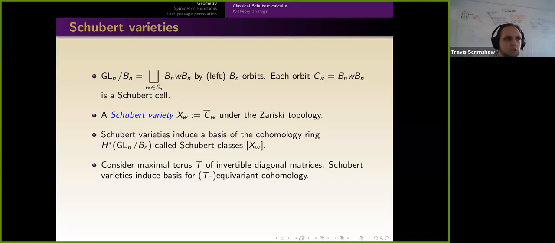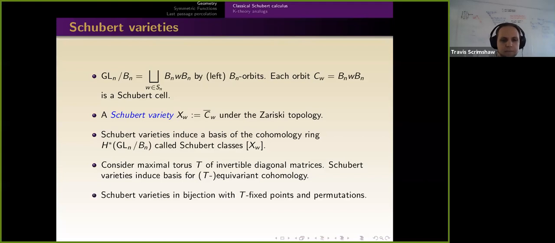You can use this to build up a lot of the geometry, in particular constructing a basis for the cohomology ring, because the torus fixed points are in bijection with the permutations, and that basically allows us to work with the Schubert varieties.